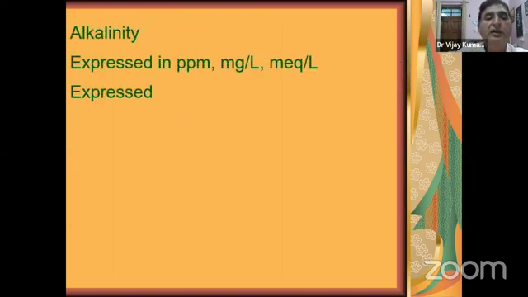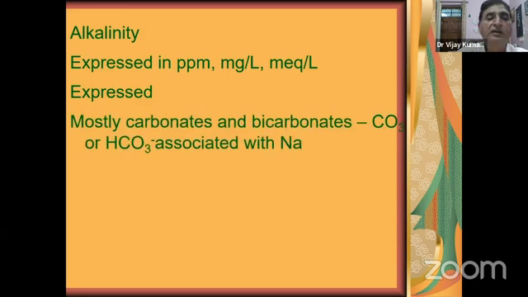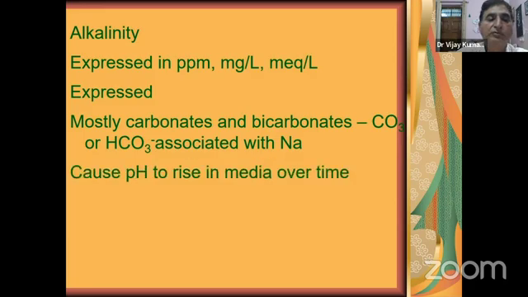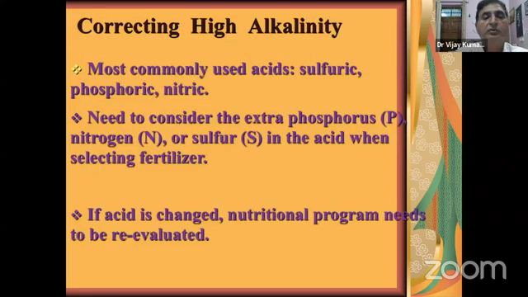We can measure EC and pH by EC meter or alkaline meter, and alkali in terms of milliequivalents, and carbonate and bicarbonate of sodium. For the correction of high alkalinity, we use sulfuric, phosphoric, and nitric acid.